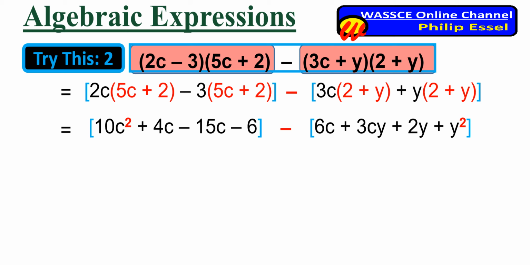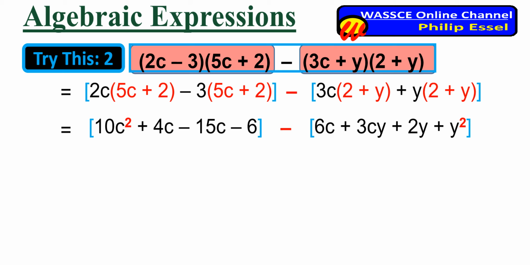Now you realize that we solved the various parts of the algebraic expression separately. The first part we solved separately in one blue bracket, and the second part we also solved separately in another blue bracket. So we have to remove them. But you need to remember that we don't just remove them. We need to remove them by taking into consideration the operation signs in front of them.